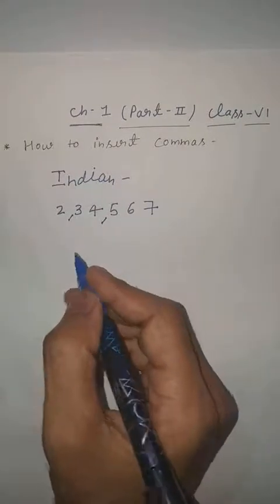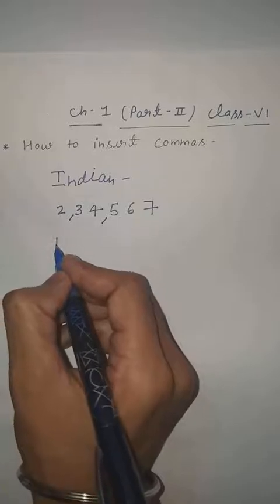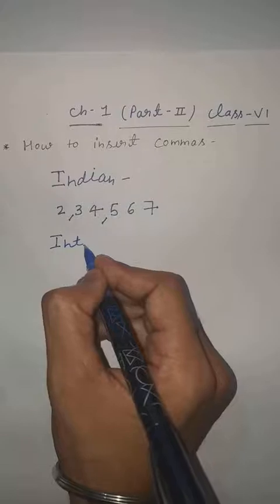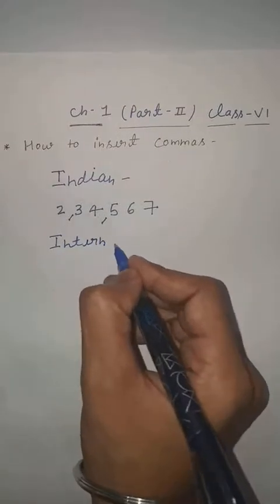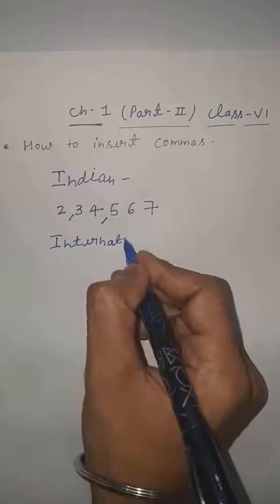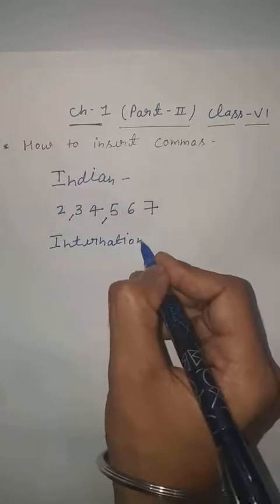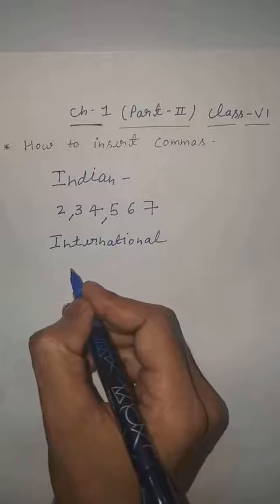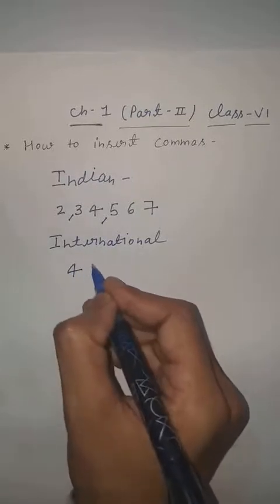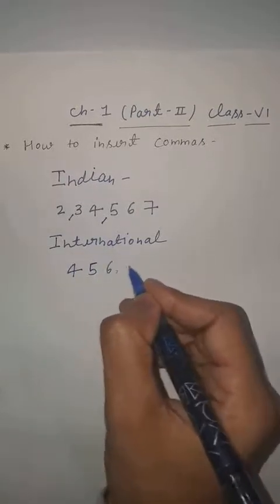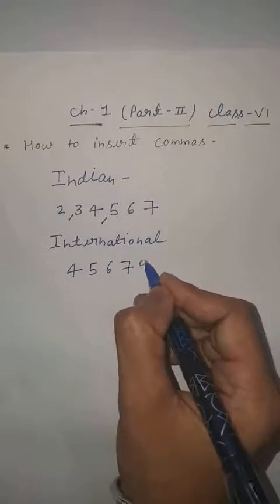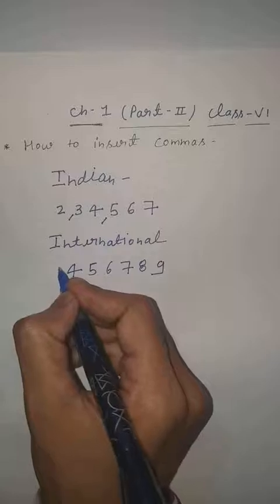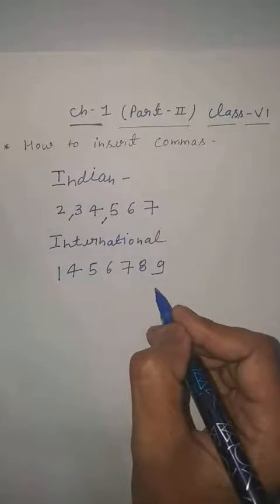Now let us come to the international system. Let us take an example like 456789. Here you can also write 1. So in this system, how will you put commas?